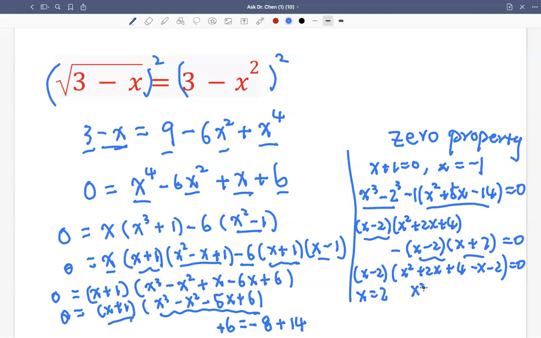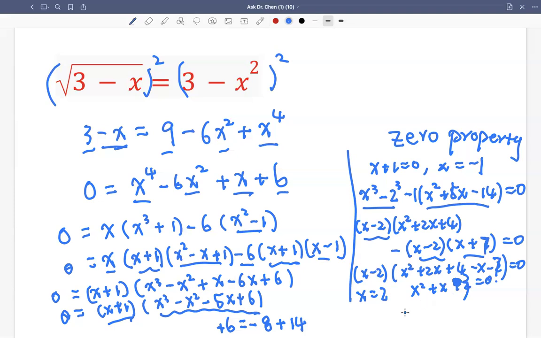We have x squared plus x plus 2 equals 0. This one, plus 4 minus 2 is 2, isn't it? Oh, that's 7, sorry. That's not 2. This number is a 7. So that's minus 3, minus 3.